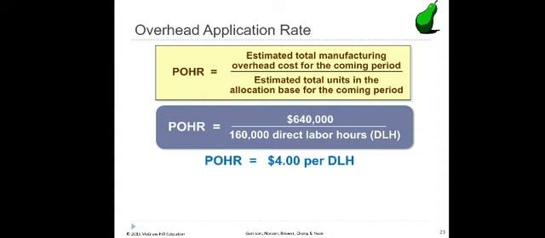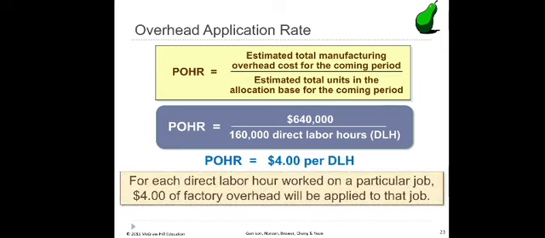In this example, the estimated overhead cost is 640,000, and the estimated allocation base is 160,000 direct labor hours. So the POHR is $4 per direct labor hour. It means that for each direct labor hour worked on a particular job, $4 of factory overhead will be applied to that job.